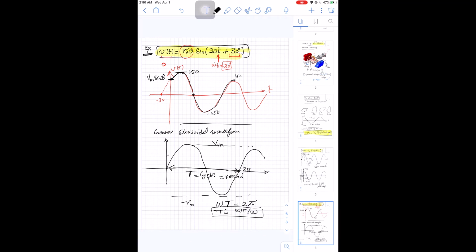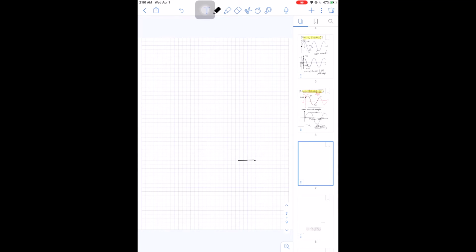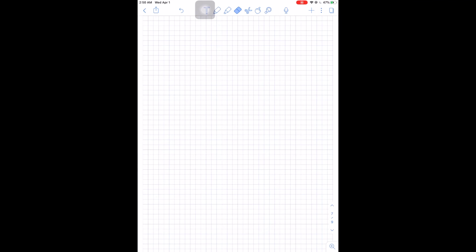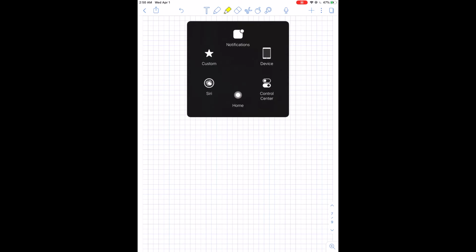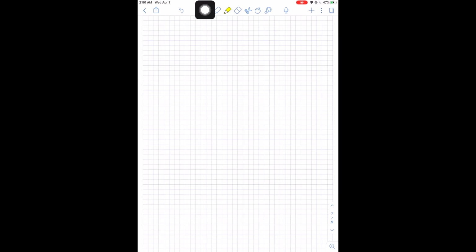So this is the first important equation we have here, that the period time equals 2 pi divided by omega.